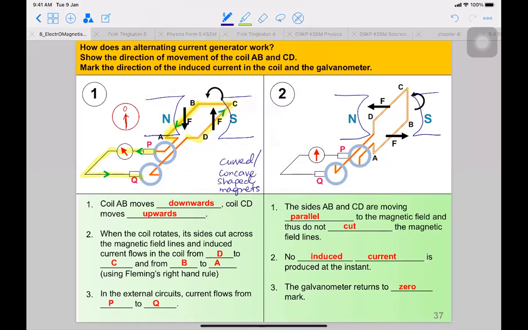So again, like the previous ones in DC generator, when it is in this position, the magnetic flux can go through the coil without being cut. So no induced current is produced and the galvanometer returns to 0 mark. Okay, so dia akan jadi beginilah. Returns to 0 mark. Macam juga yang DC tadi itu.